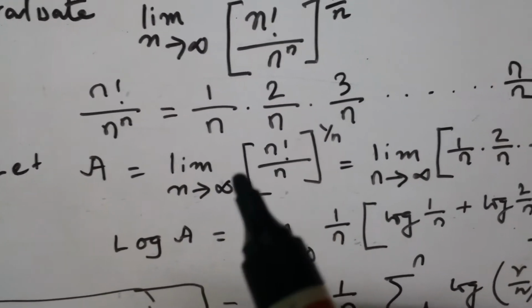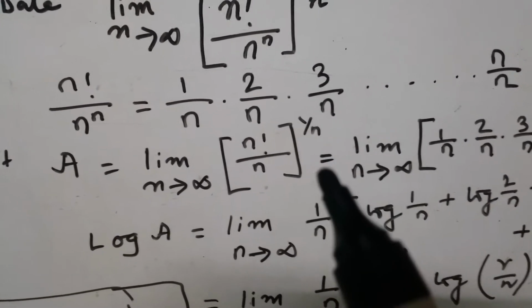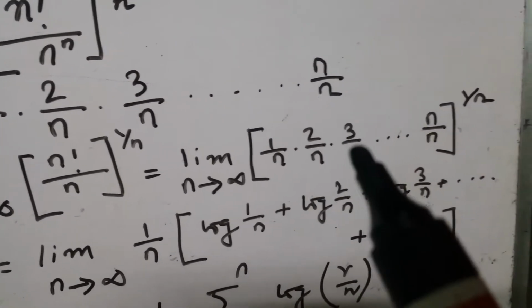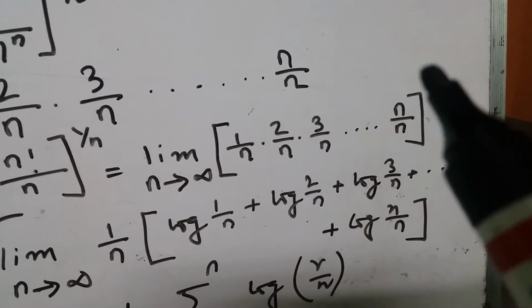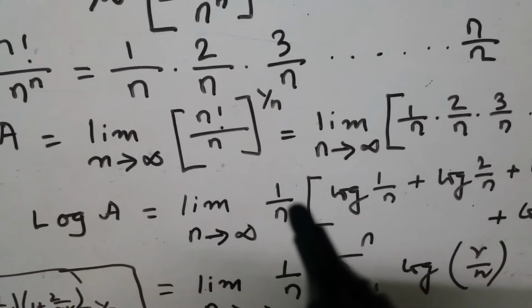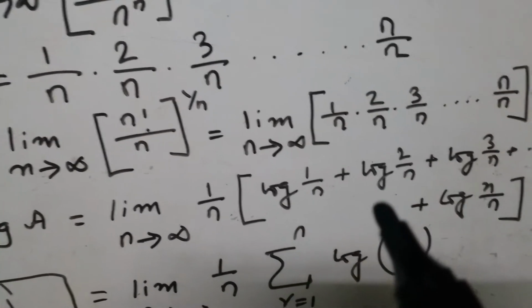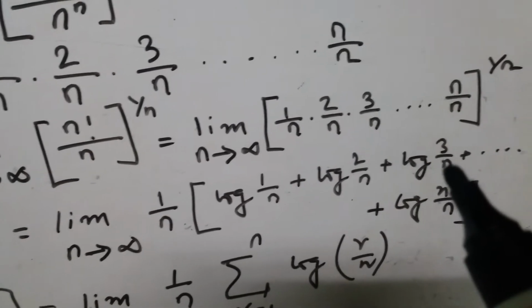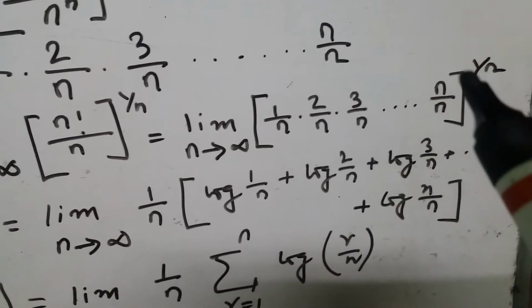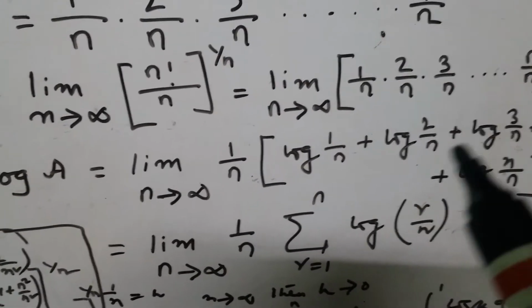Let a equal the limit as n tends to infinity of (n factorial / n^n)^(1/n), which is the limit of (1/n, 2/n, 3/n ... n/n)^(1/n). Then log a equals the limit as n tends to infinity of 1/n [log(1/n) + log(2/n) + log(3/n) ... + log(n/n)]. Since we take log, the 1/n comes here, and that's why log a equals this.